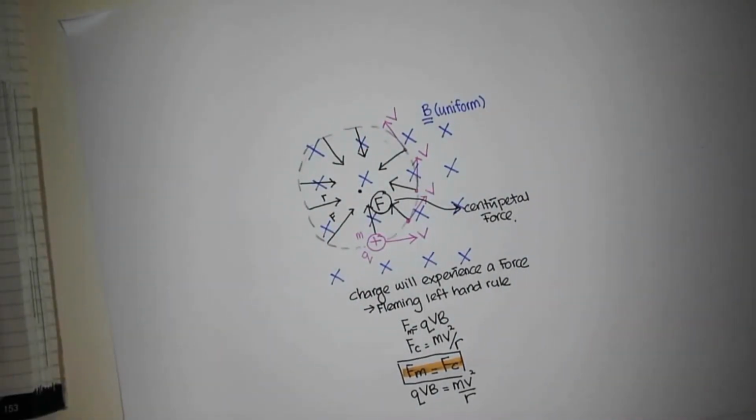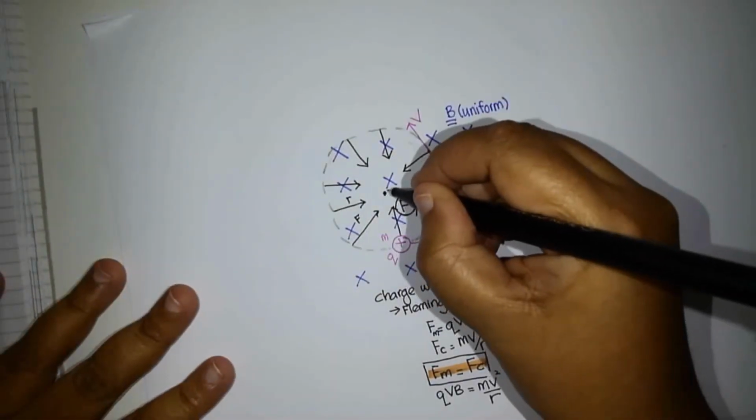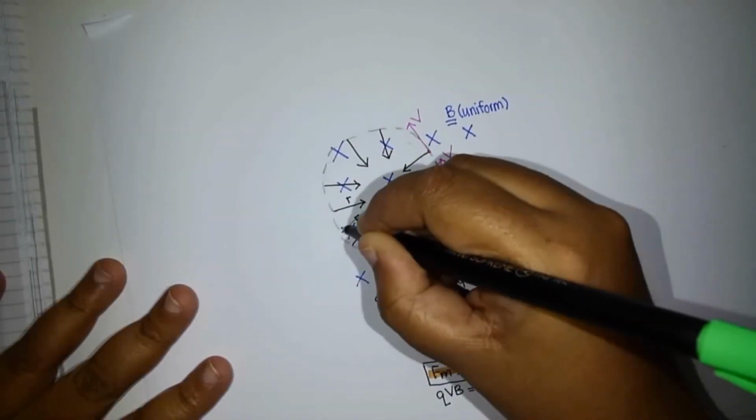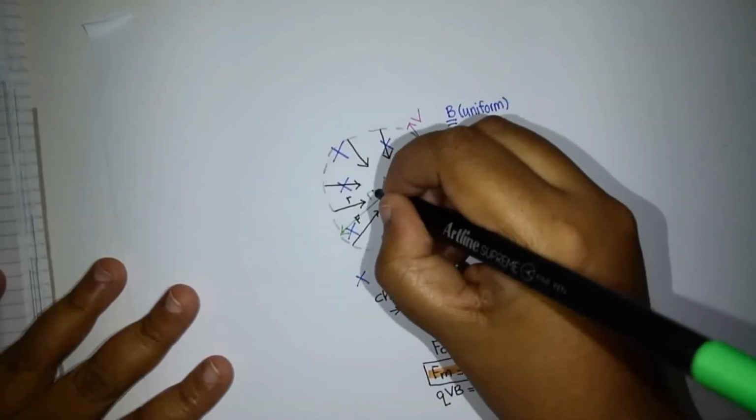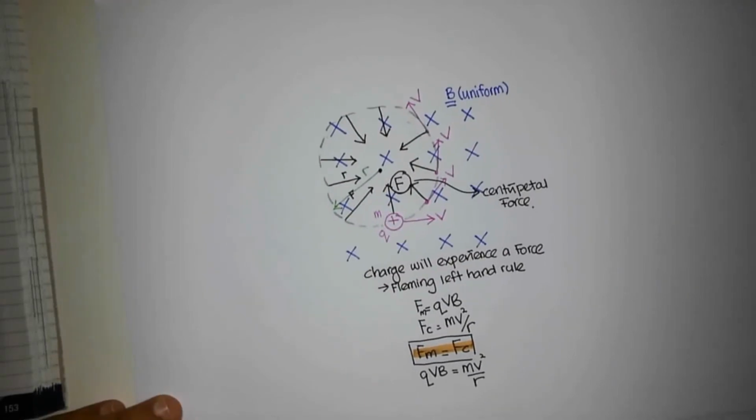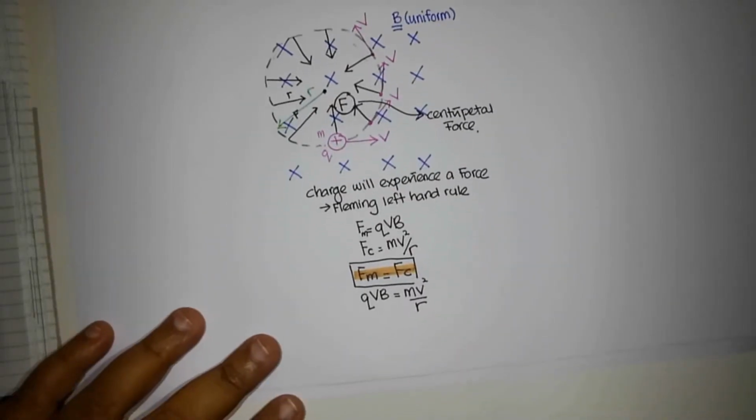So now I'm going to analyze the quantity of the radius of the circular path, which is from the center to here. I'm going to find that value. So I can do that, class. How do I do that? It all starts from the concept.